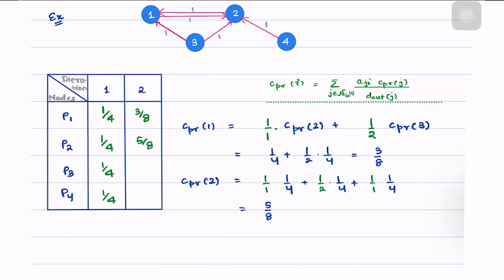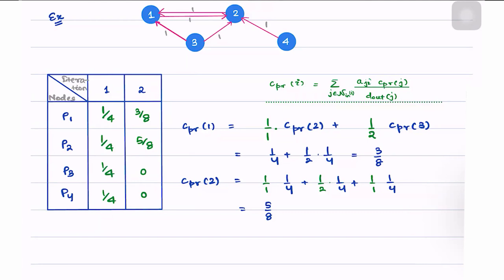Now, what would be the centralities of nodes 3 and 4, the ranks? What we see here is that nodes 3 and 4 do not have any in-neighbors, hence their centrality scores simply become equal to 0. What do we get in this case? We get that we are trapped between the nodes 1 and 2. What would happen in the third iteration?